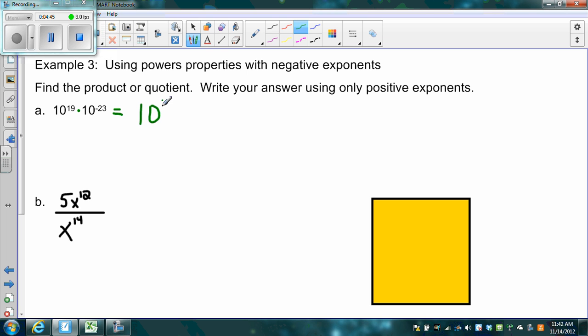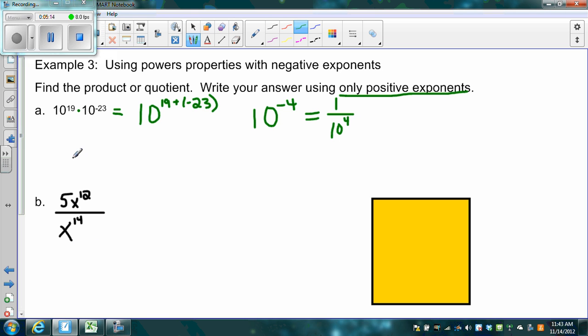So we'd have 10 to the 19th plus negative 23rd. That negative sign does not go away. So in this case, we're going to get 10 to the negative 4th. And we don't want to write it with this negative exponent because it says only positive. So we would rewrite this as 1 over 10 to the 4th.